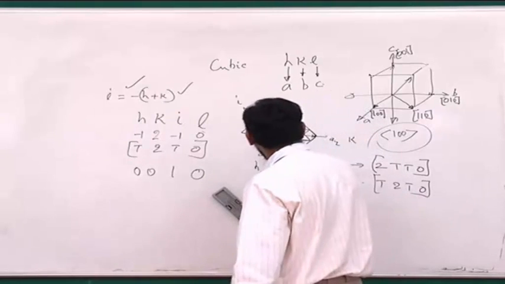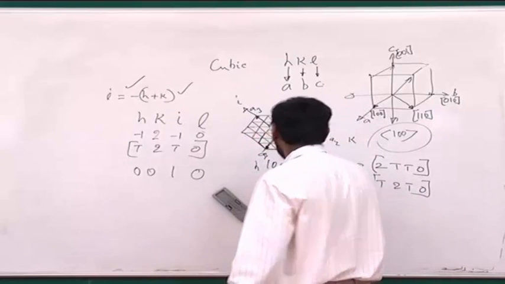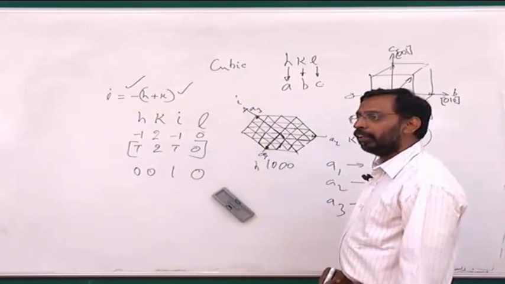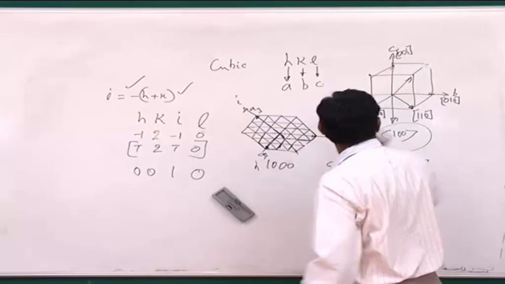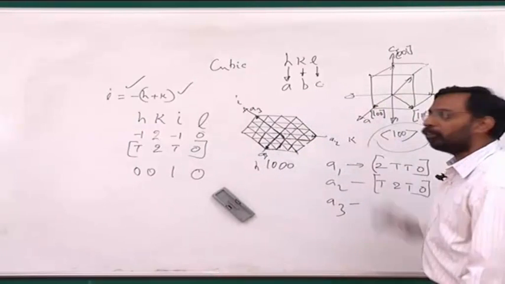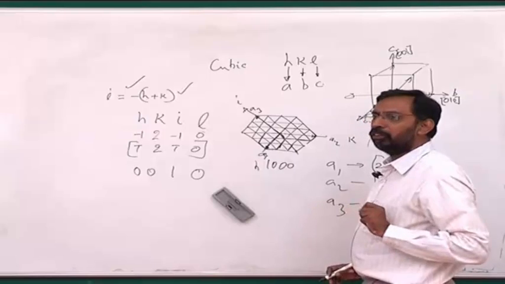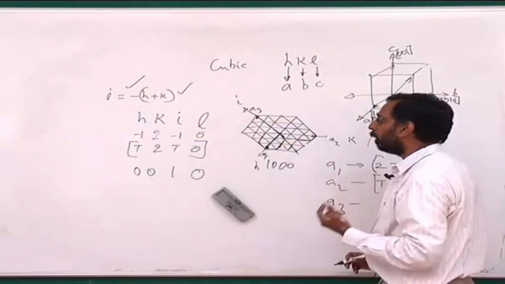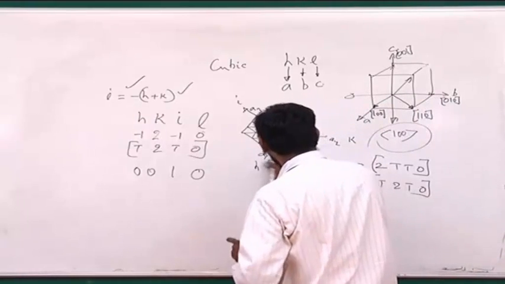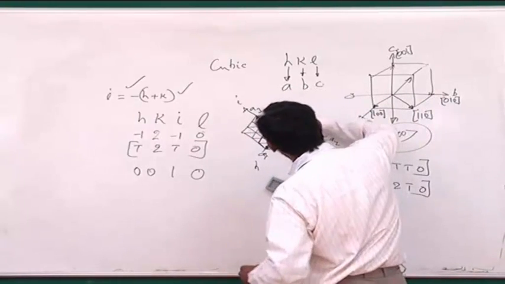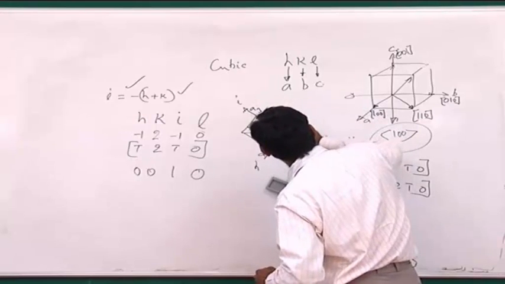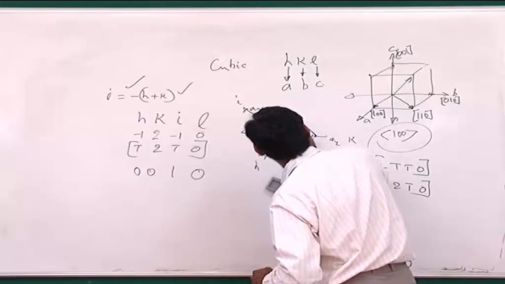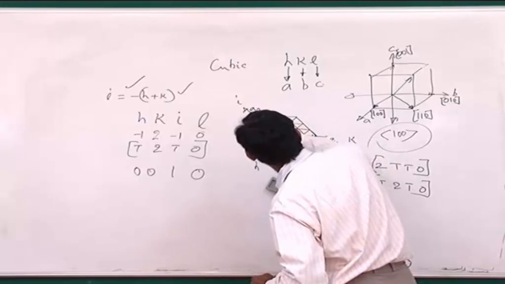If I simply call this 1, 0, 0, 0, then this particular condition is not being satisfied. So I cannot simply call this as I have done in the cubic case, 1, 0, 0. I cannot simply call it 1, 0, 0, 0, and similarly this 0, 1, 0, 0. That is the reason why we do not use this kind of thing. Instead of going straight like this, we go by a roundabout way, either like this or like this.